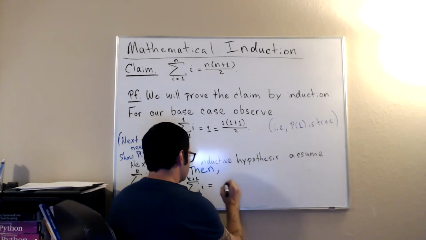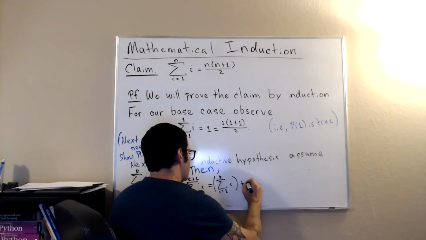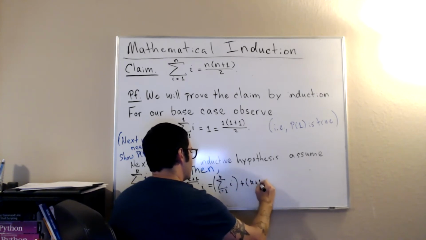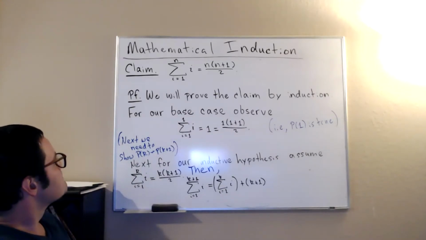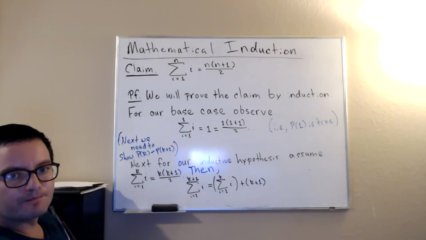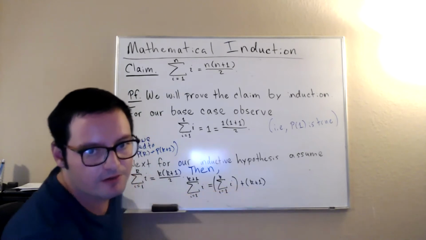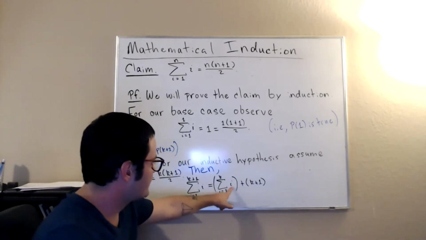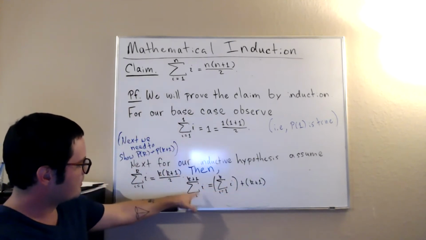That's equal to the sum from i equals 1 to k of i plus k plus 1. Okay. You see that this sum is equal to that right there. We're summing from i equals 1 to k, and then if we add k plus 1, it's the same thing as saying from i equals 1 to k plus 1, that sum.